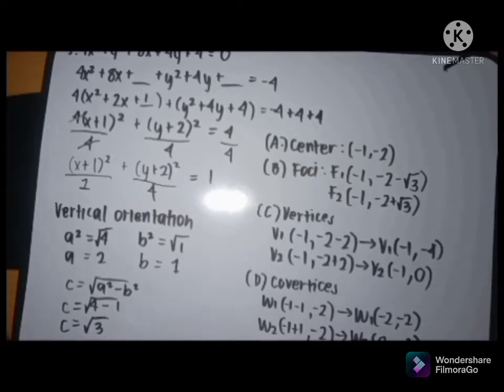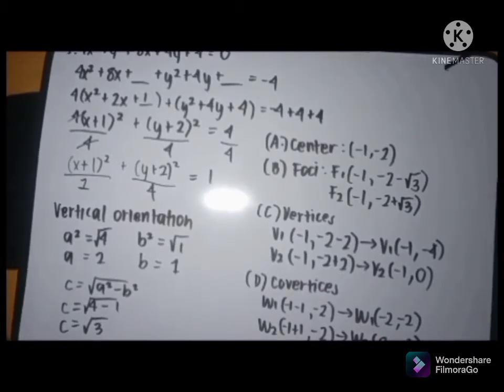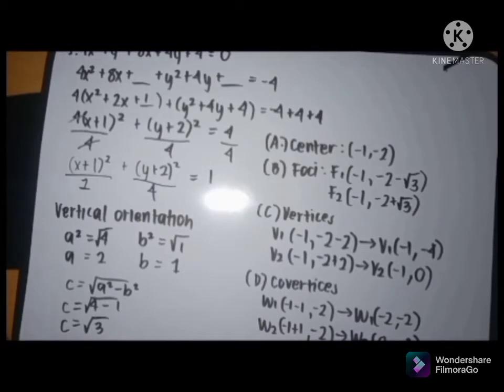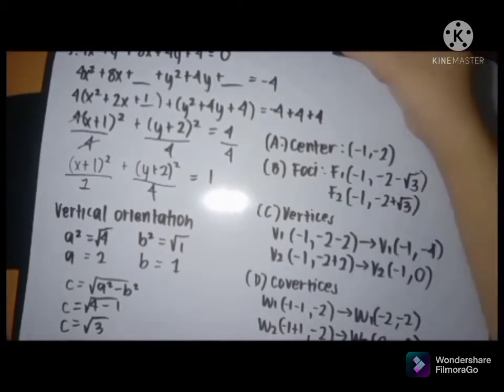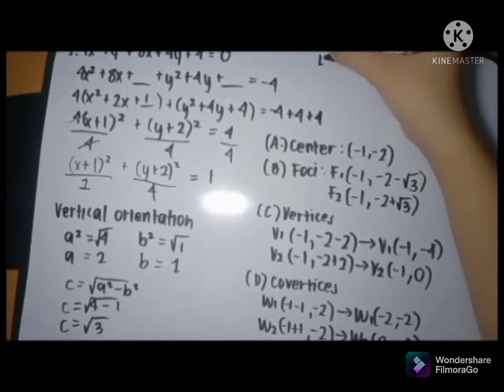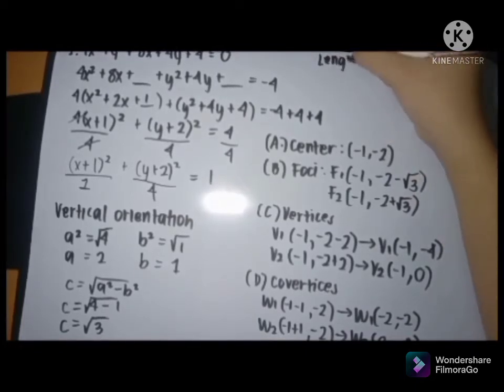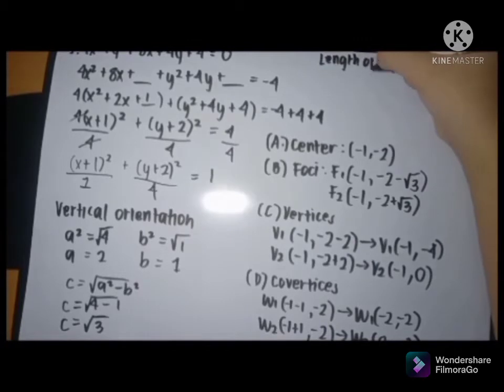And these are the needed coordinates to graph the ellipse. But we still have the length of the minor axis, length of the major axis, and length of the latus rectum. So we are going to put it here. Length of major axis.